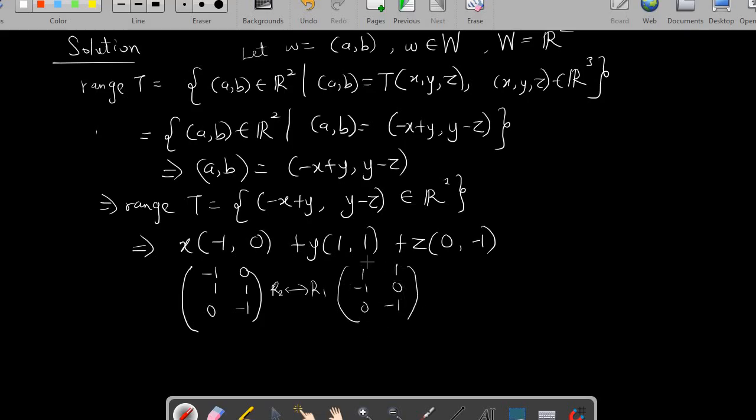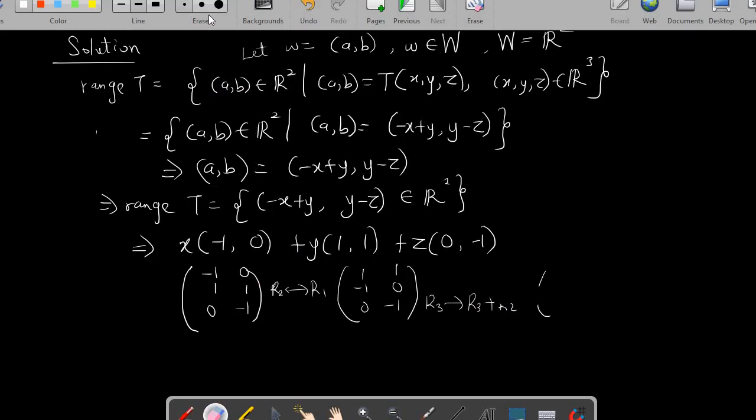Now if you look at this, there's no way you want to reduce this. It is already reduced in its row echelon form. If you add this up, this will be 0. If you add this up, this will be 1. If you subtract, you will still not get at any point in time what you're looking for. So the best bet is you leave your answer like this. If you form a new R3 by having R3 plus R2, just to satisfy our conscience, you have minus 1.